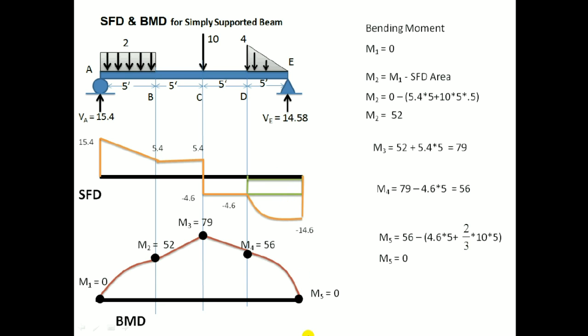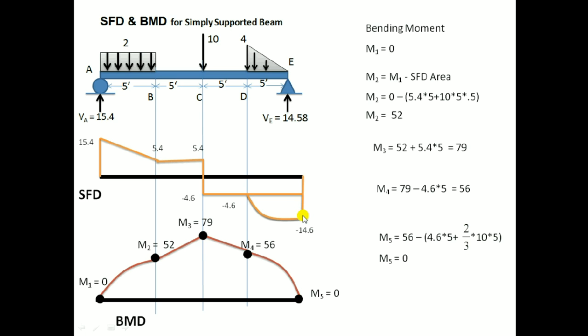And this is M5. How can we find out M5? M5 is the previous moment minus this 4.6 into 5, the green rectangular area, plus this loop area. This closed area is 2 by 3 into 10 into 5. This 10 is the length from here to here.